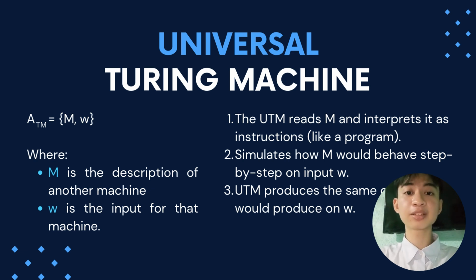It then simulates how M would behave step by step given the input W. By doing so, it produces the same output that M would produce on W. It's showing that a single machine can compute anything that any other Turing machine can, which is the foundation of programmable computers today.